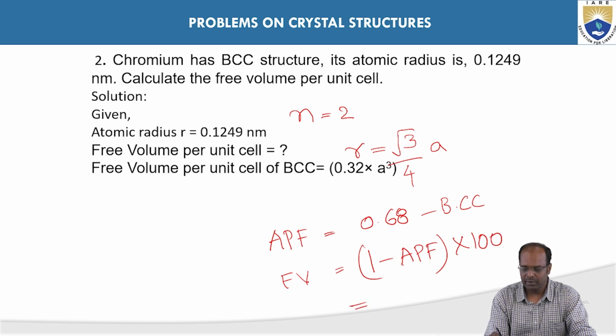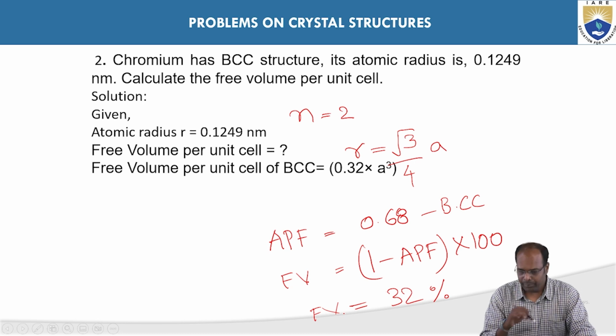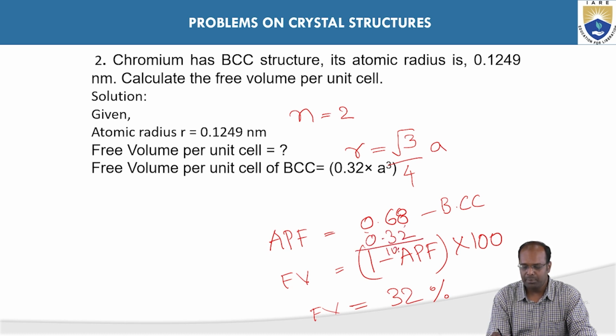That gives 32 percentage as the free volume. So 0.68 plus 0.32 is nothing but 100 percentage.